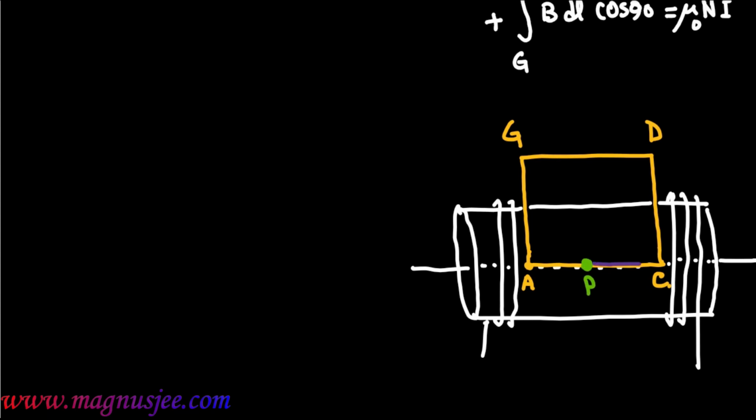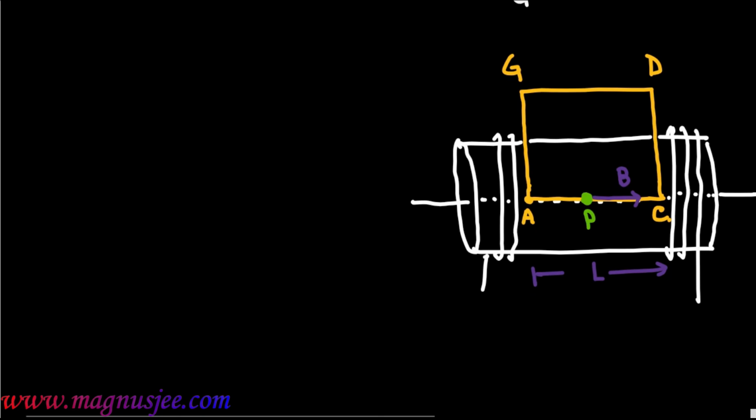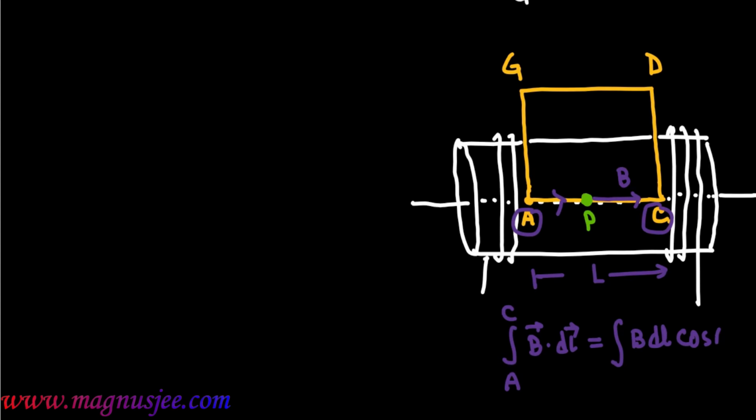At P, magnetic field induction B acts along the axis, and capital L is the length of the portion AC, or length of the rectangular closed path. Vector B dot vector dl from A to C, here integration B dl cos 0 degree.